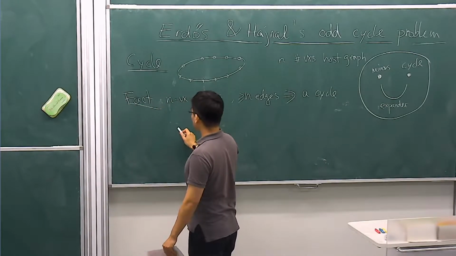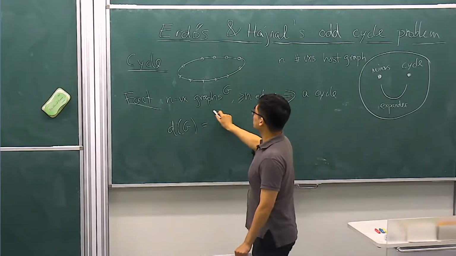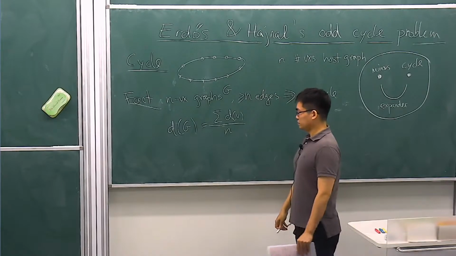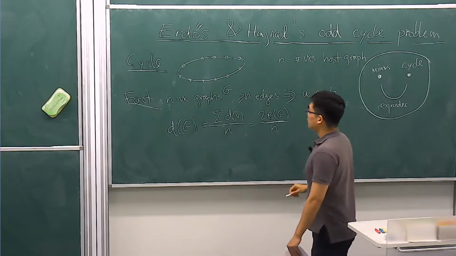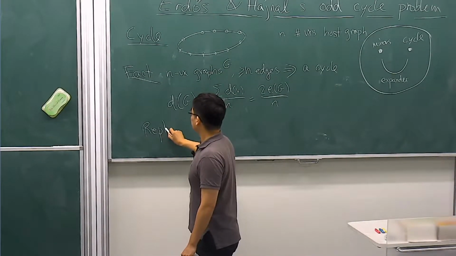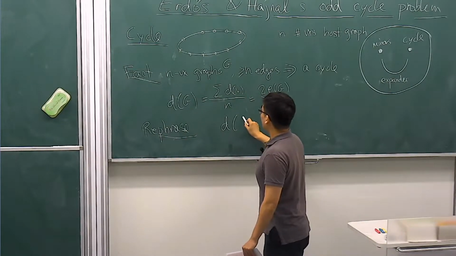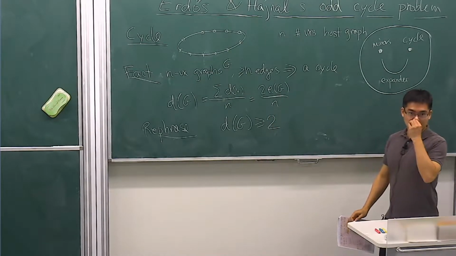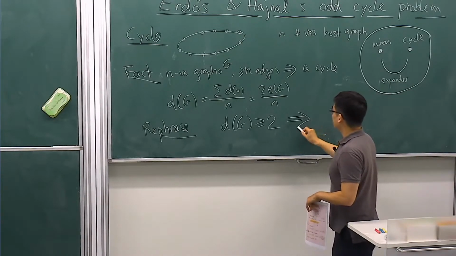in this language. I write our graph G. Average degree is the sum of the degrees of the vertices divided by n, which is also 2 times the number of edges over n. So this fact can be rephrased as: whenever I have average degree at least 2, some constant independent of the order of the graph n, then I know there is a cycle.